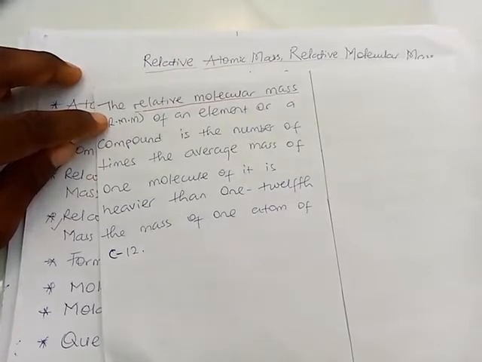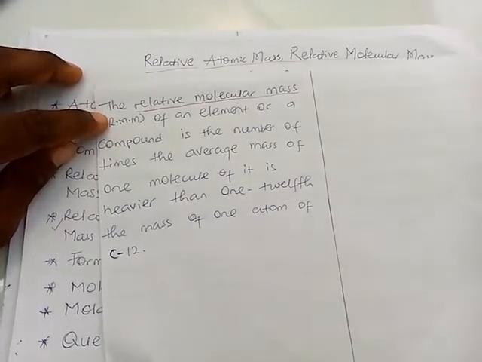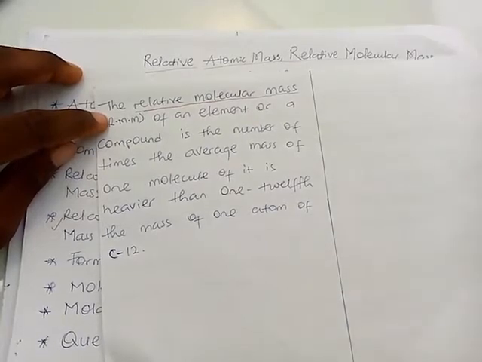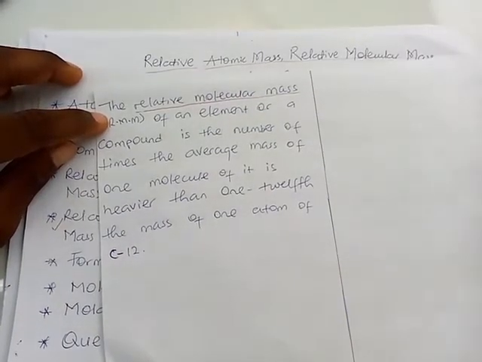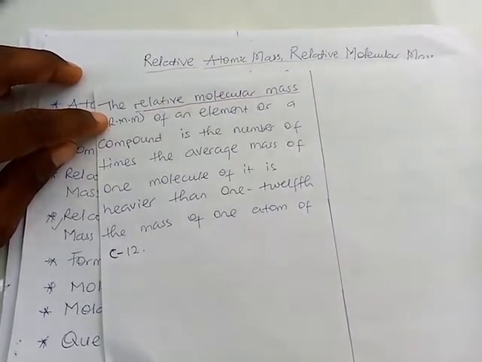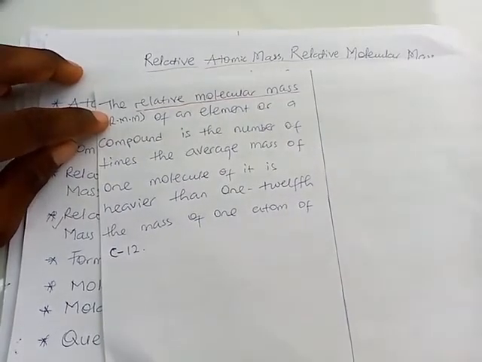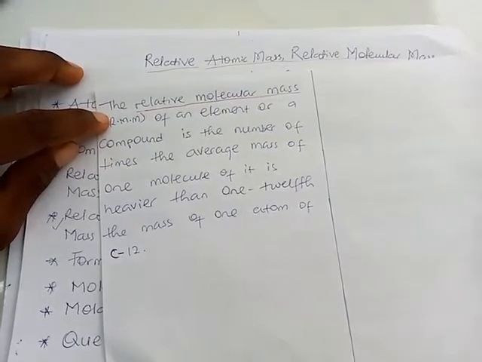Because we know a molecule contains many atoms, either of an element or a compound, when you add the relative atomic mass of all the atoms in that molecule, then you obtain the relative molecular mass.